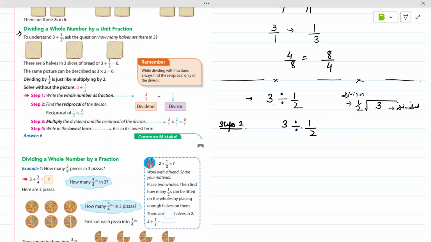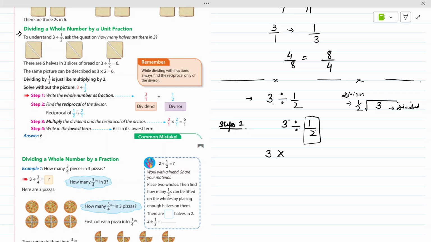Whenever we change this division into multiplication, then for the divisor, that is the right side of the division sign, we will have to take its reciprocal. See what I am saying? We have 3 divided by 1 by 2. Now I am changing this division into multiplication, and at the same time, I am taking the reciprocal of this fraction.